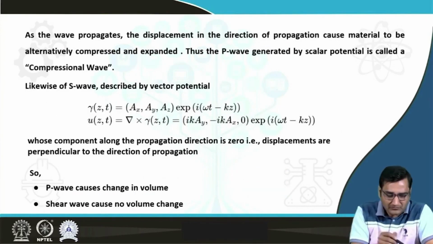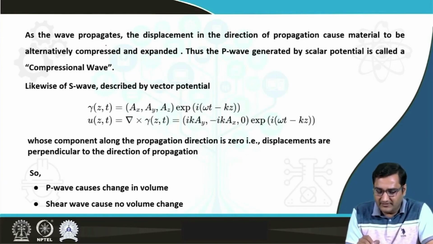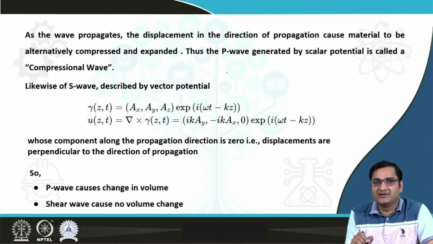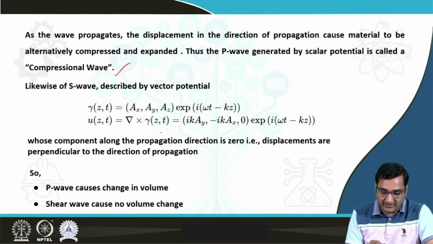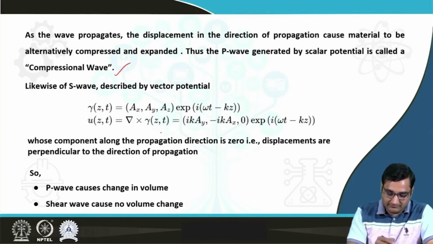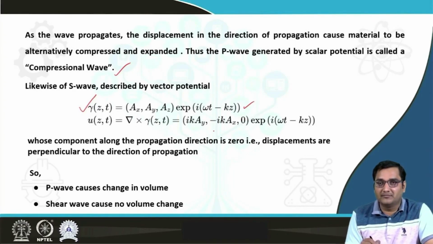Likewise, as the wave propagates, the displacements in the direction of propagation cause the material to be alternately compressed and expanded. Thus, the P wave generated by the scalar potential is called a compressional wave. For the S wave, you can describe the vector potential, which can be written as (Ax, Ay, Az) exponential i(omega t minus kz).